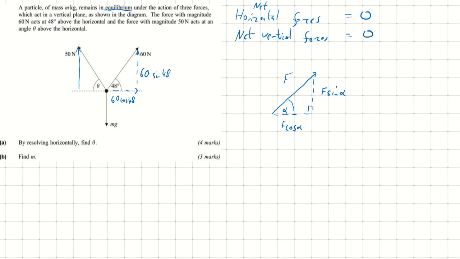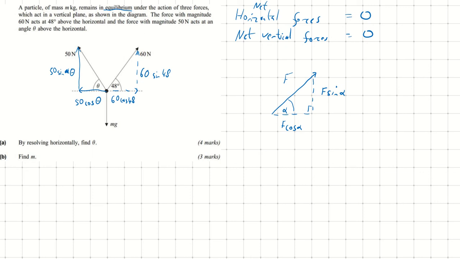So that can be broken down into a vertical force of 50 sine theta and a horizontal force now of 50 cos theta. Sorry, I said alpha before, that should obviously be theta. Notice that the 50 cos theta is acting to the left, whereas the 60 cos 48 is acting to the right, just from looking at the directions of our initial 60 Newton and 50 Newton forces.